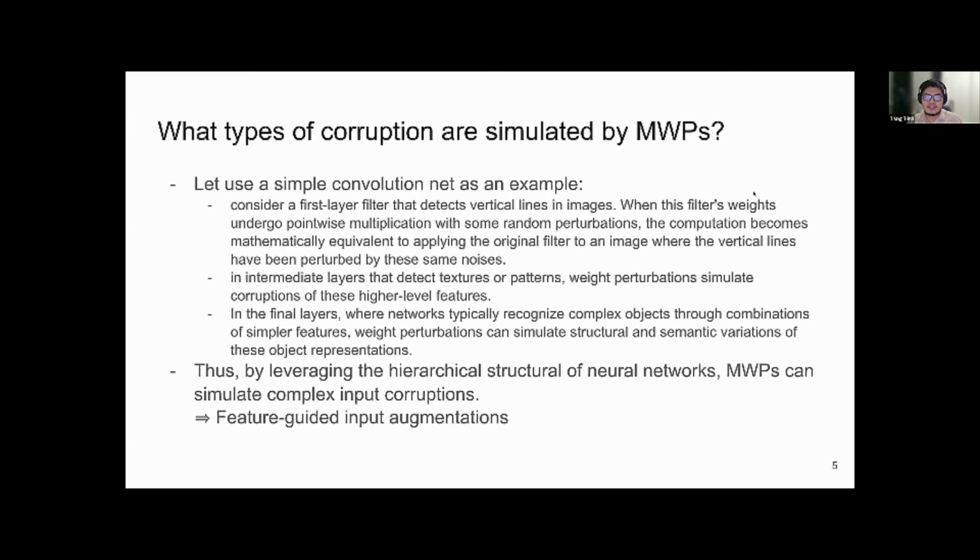And therefore, even though our noise distribution can be quite simple, we can still leverage the hierarchical structure of the neural network to simulate complex and also meaningful input corruption. And that is why we call this direction feature-guided input augmentation.